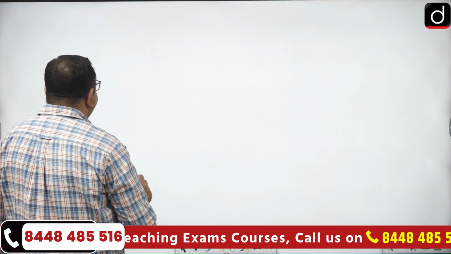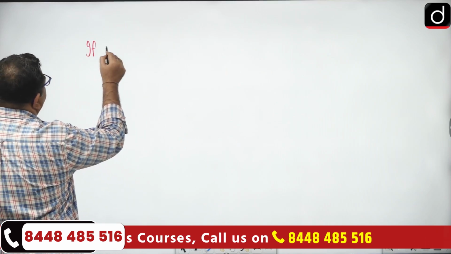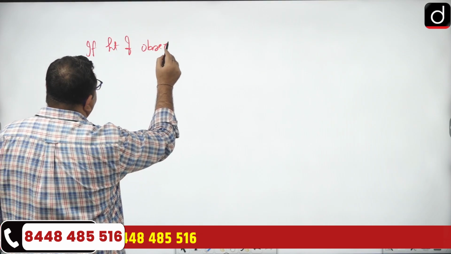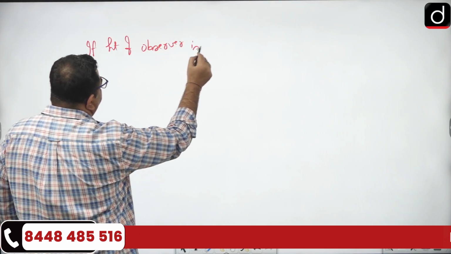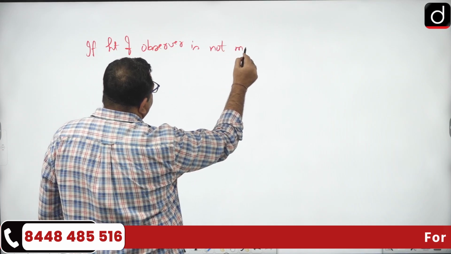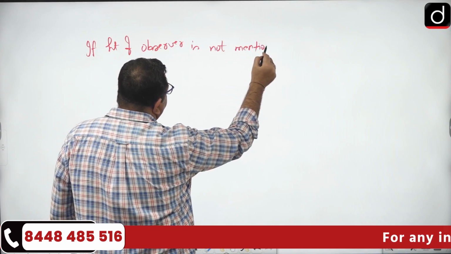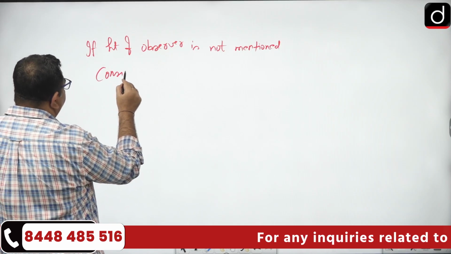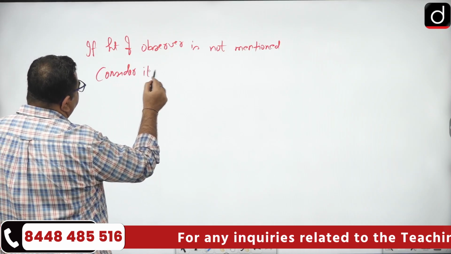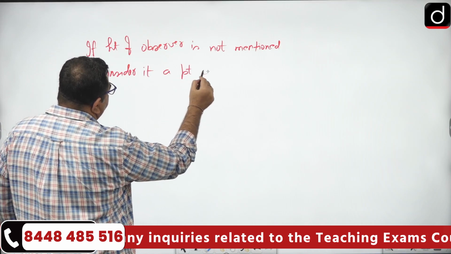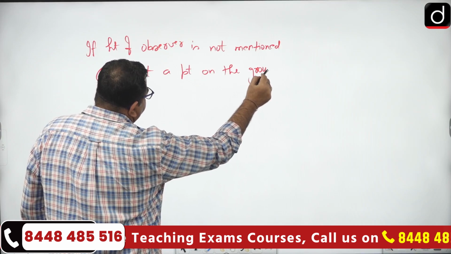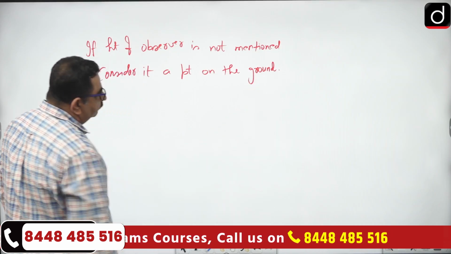So if the height of the observer is not mentioned, consider it a point on the ground, right?